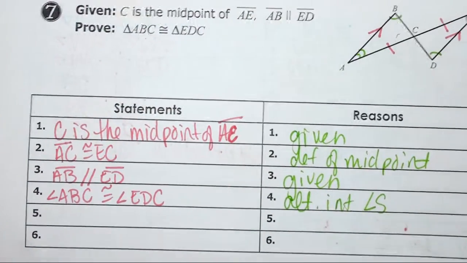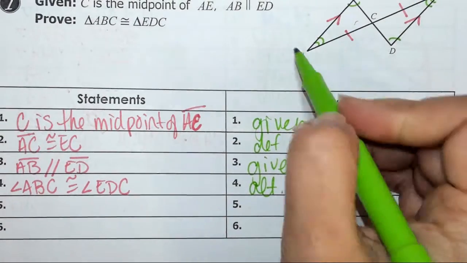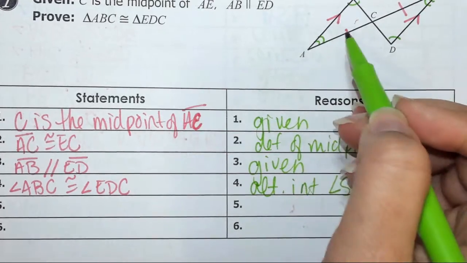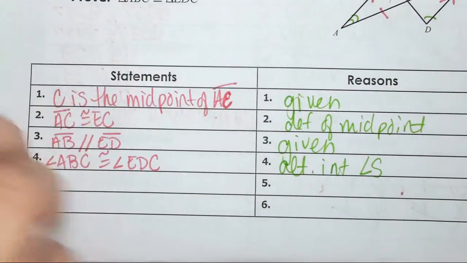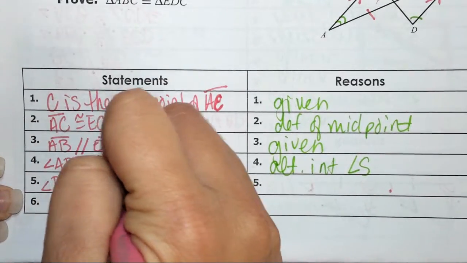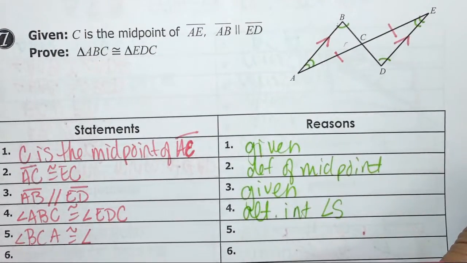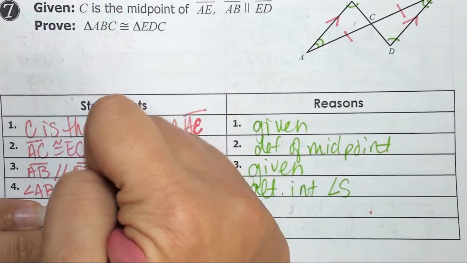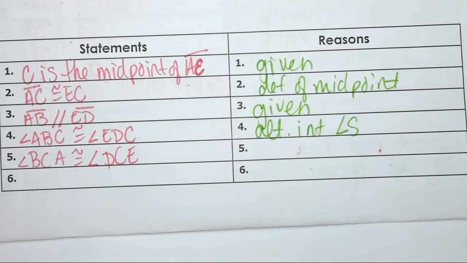We have vertical angles, angle C. So you didn't even have to see this other parallel, but you could say that BCA is congruent to what? I said BCA is congruent to DCE. Good. And what's the reasoning? By vertical angles.